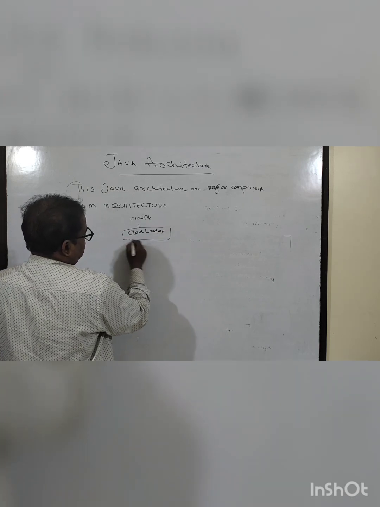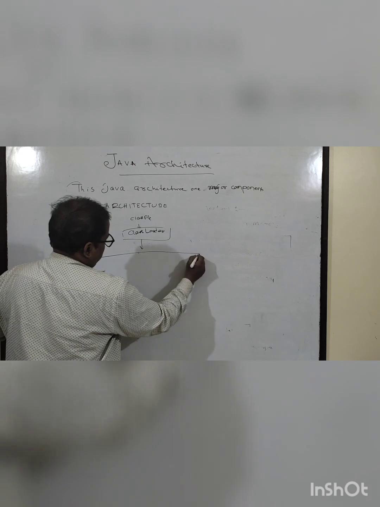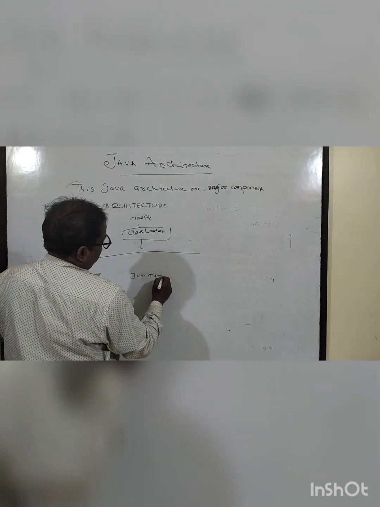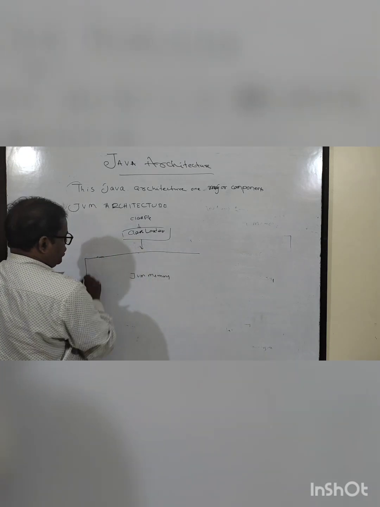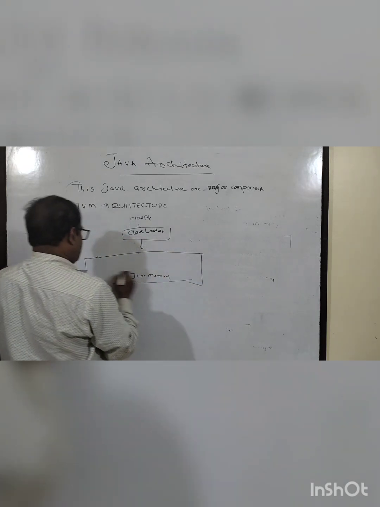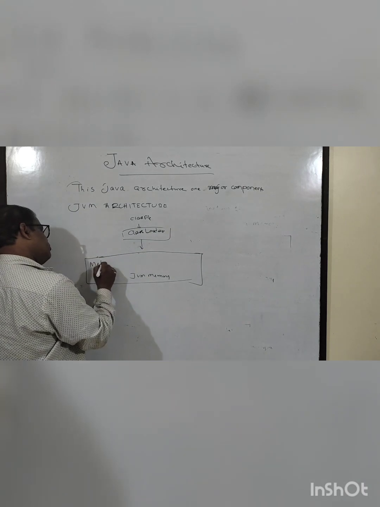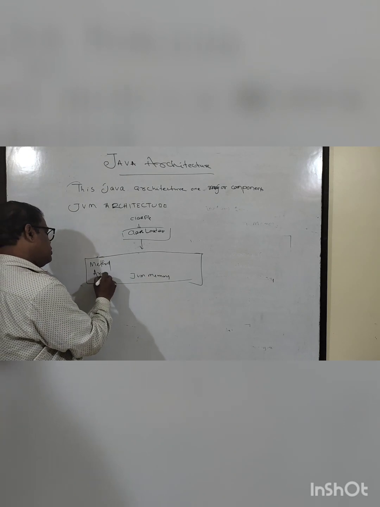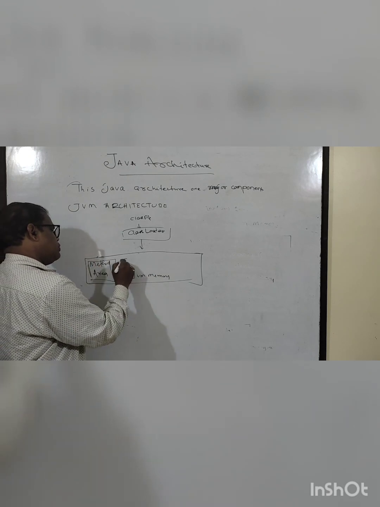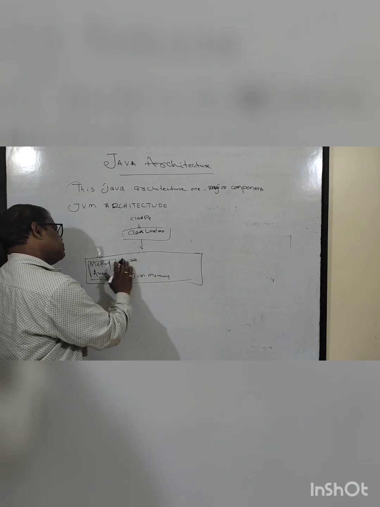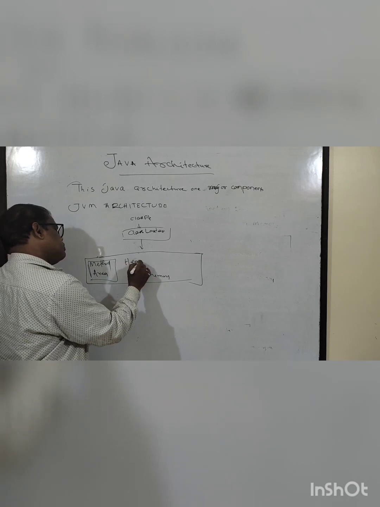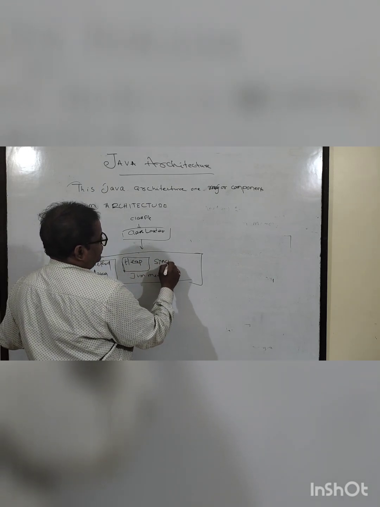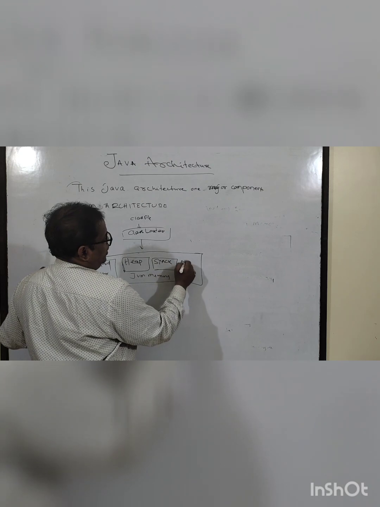This is called JVM memory, and the JVM memory has four parts: method area, heap, stack, and native stack.